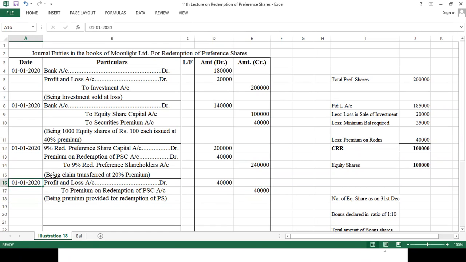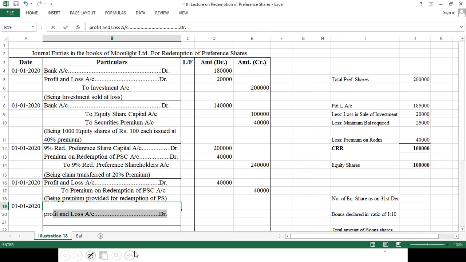After this, we are going to calculate or create a CRR. CRR amount we already know. We have to create a CRR for 1 lakh rupees. So write down profit and loss account debited to capital redemption reserve account.